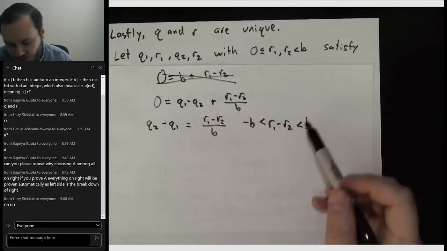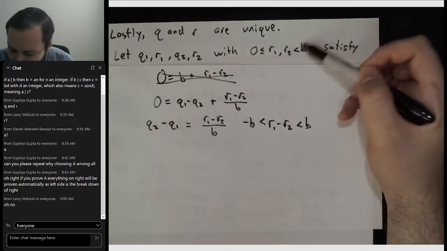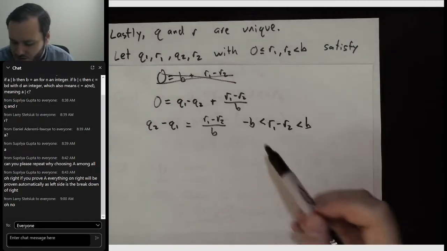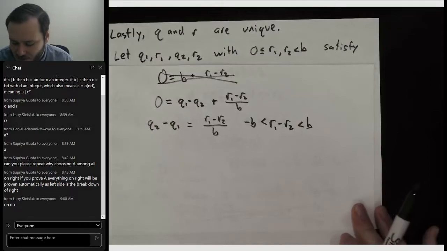But then I still don't get all the way up to B. And the smallest this could possibly be is R2 could be B and R1 could be 0. So I could get down to negative B minus 1, but I can't get all the way down to negative B.